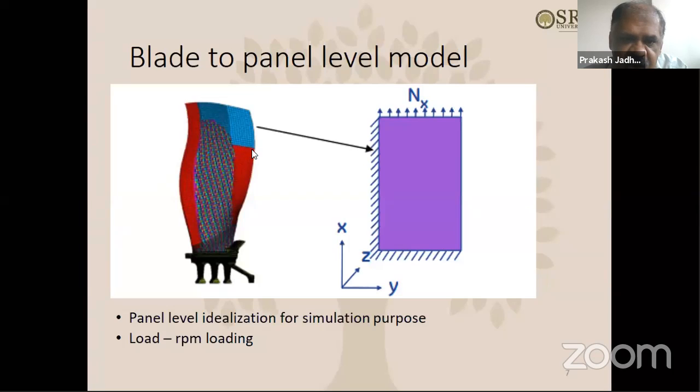The right edge here will have symmetric boundary connection, and X direction load is centrifugal load coming from this rotation of this blade. Okay. This is the panel level idealization for simulation purpose, and load is of course RPM loading, that X direction loading. Okay. So this is what we try to play with, and let's see.